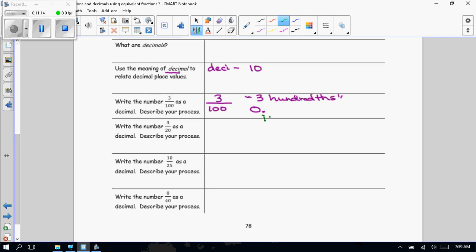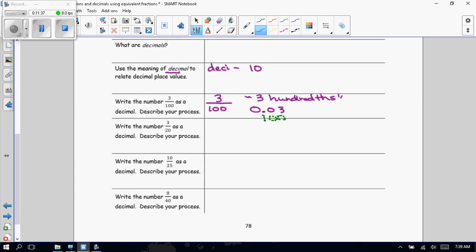Put the invisible 1, add the invisible zeros underneath it, and then just fill in. The 3 has to be in that last spot. The 3 has to be in the hundredths spot. So then I just fill in the zeros where I need to. Okay, and that's how you can do it. You can actually take the concept from a minute ago and use it and go backwards with it. And that works great if it's a power of 10.